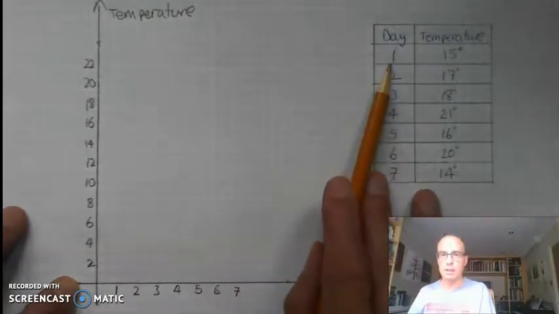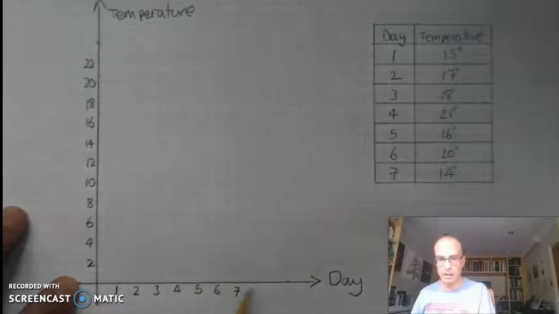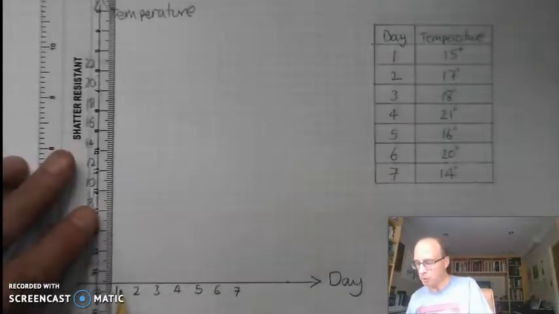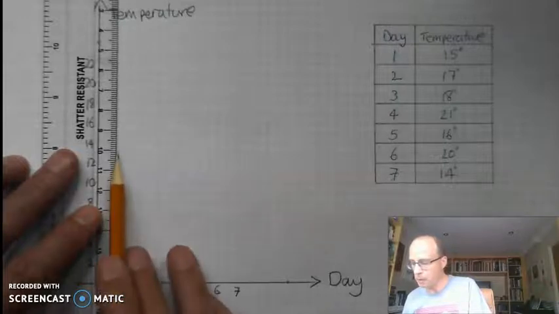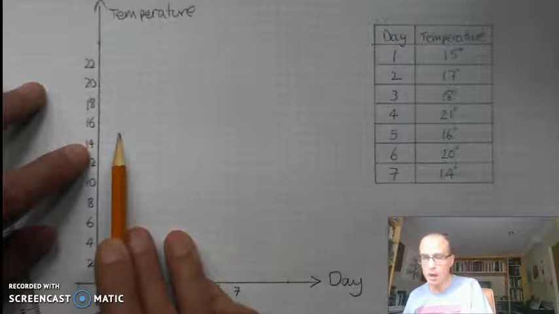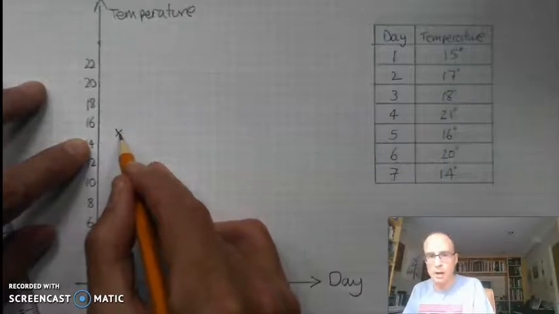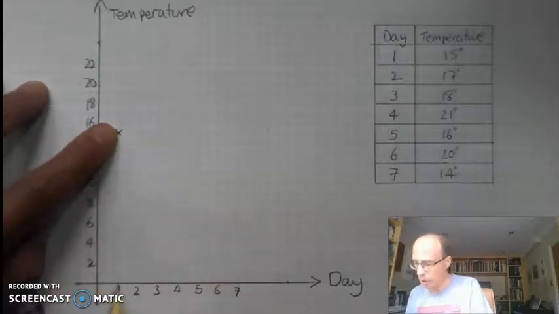So first one is day 1, I've got a temperature of 15. So I'm going to go from day over to day 1, and I'm going to go all the way up to 15. Sometimes it helps with a ruler to make sure that you're still following day 1 up. So 15's halfway between 14 and 16, and I'm going to put a cross on that point.